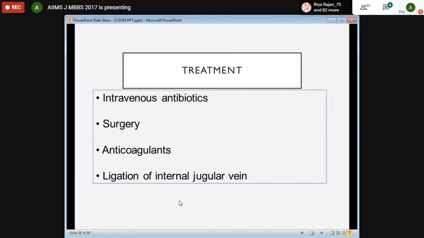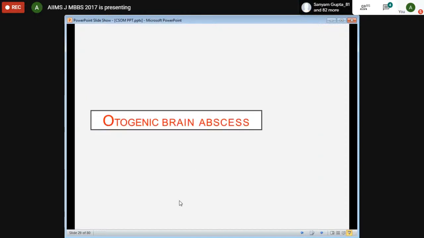Our main focus is to prevent the propagation of this thrombosis, because if the thrombus goes to the brain, it may lead to stroke, and if it goes down, a big thrombus may block the pulmonary artery, and it may be fatal. So that was regarding lateral sigmoid sinus thrombosis.